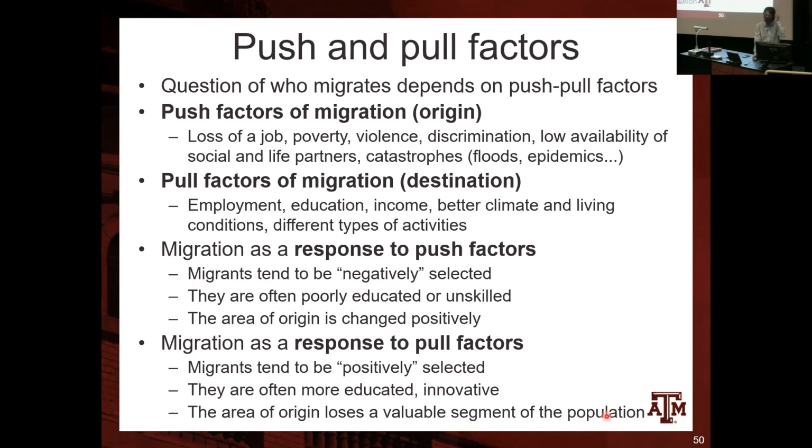That's related to the brain drain of several developing countries, which have a specific subgroup of the population with good levels of education and job skills. They might see other more developed countries with better job opportunities, so they migrate there. They have more education, they are more innovative, and then the country of origin will lose those people that could work to help the economic development in those areas.